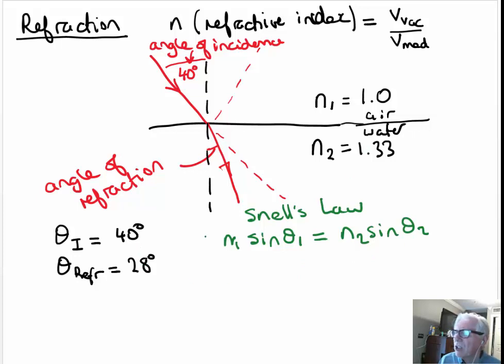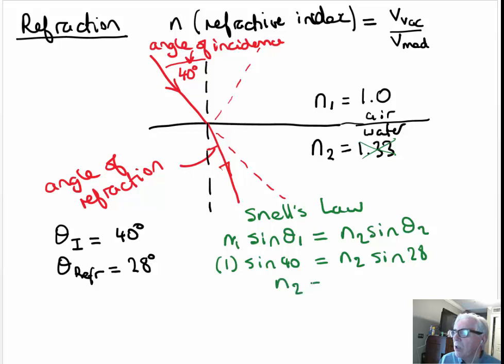Let's pretend we don't know what n2 is. We'd say 1 times sine 40 is equal to n2 times sine 28.